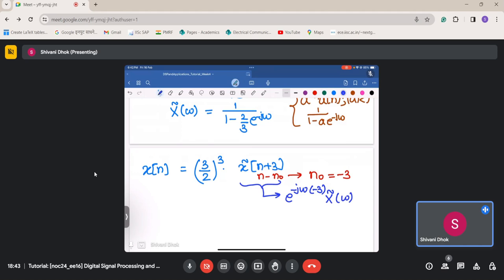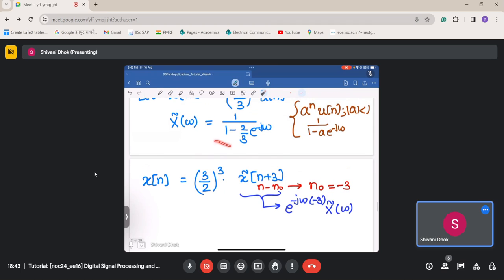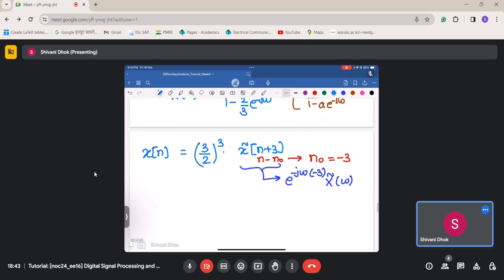And x tilde of omega we have obtained as this quantity. So if I take the DTFT of this, x of omega will be equal to 3 by 2 to the power 3 into e power minus j omega into n naught, which is minus 3, into x tilde of omega.